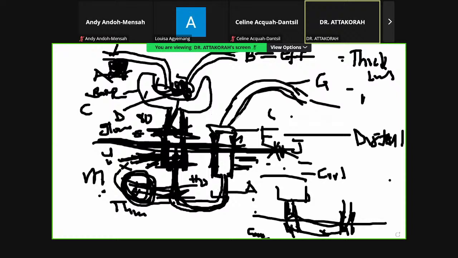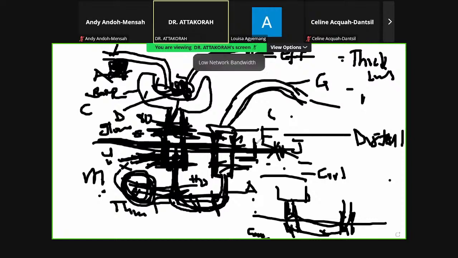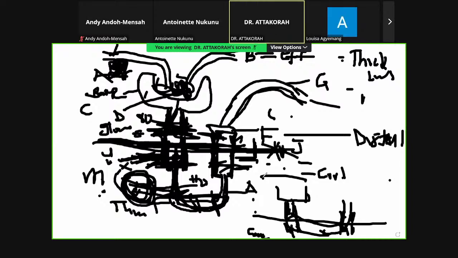The exchange occurs here, exchange occurs here, but not here. This junction is separating the cortex from the medulla. I don't know whether I've been able to satisfy you.